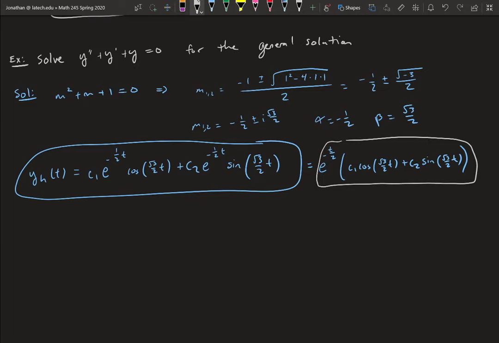So let's look at another example where we maybe do have initial conditions.